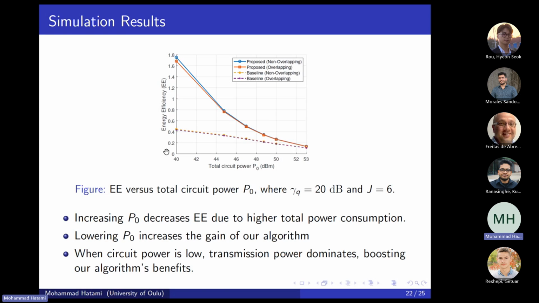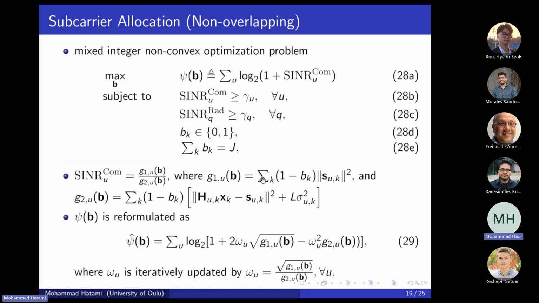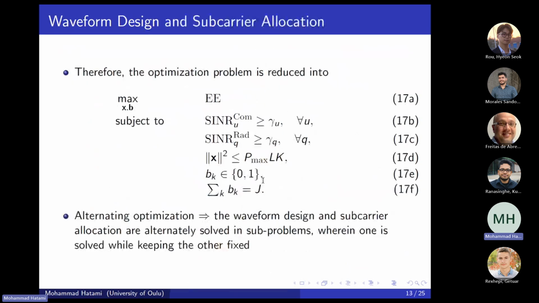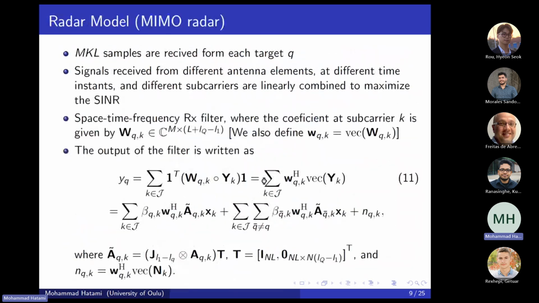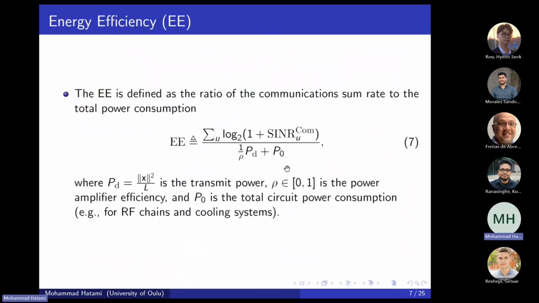In this plot, we show the energy efficiency with respect to the total circuit power, P0, as shown here. As you can see here, when we increase P0, I can go back to this energy efficiency formula so that I can explain better. Yeah, here. When we increase this one, it will be dominated. Therefore, this PD does not have any effect.